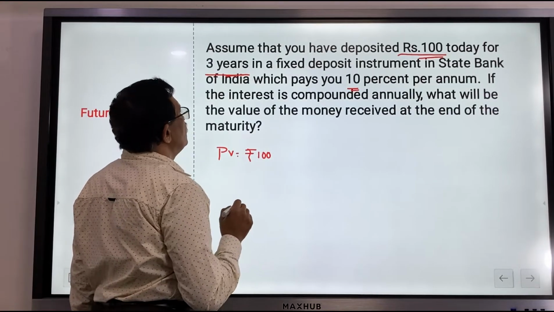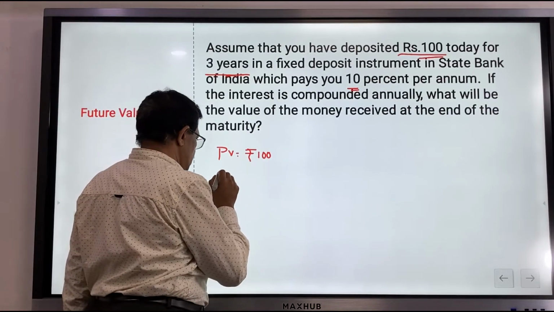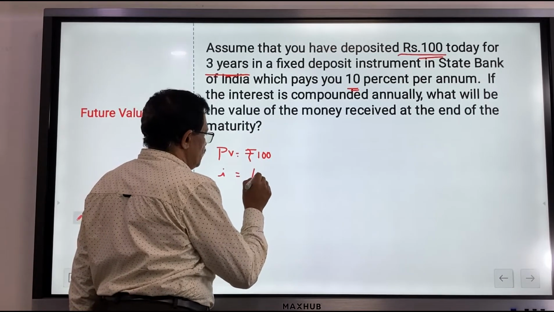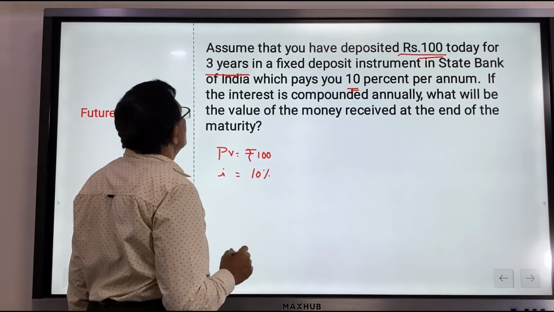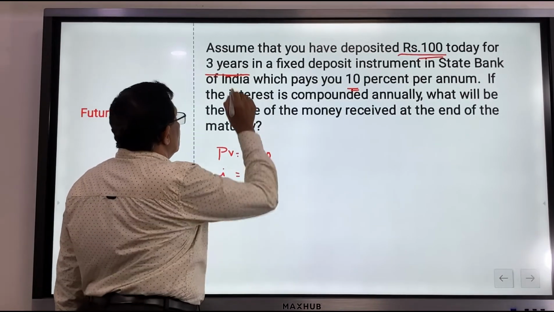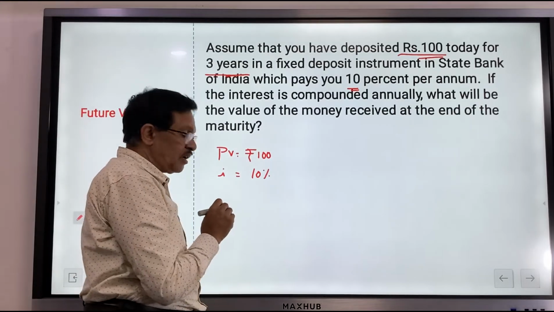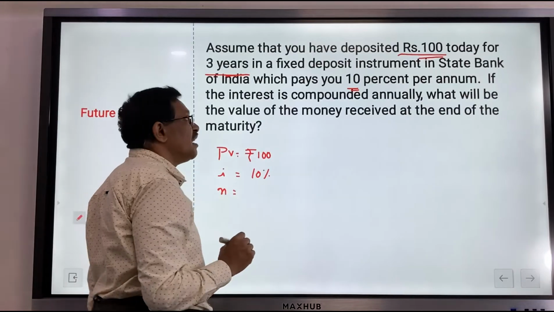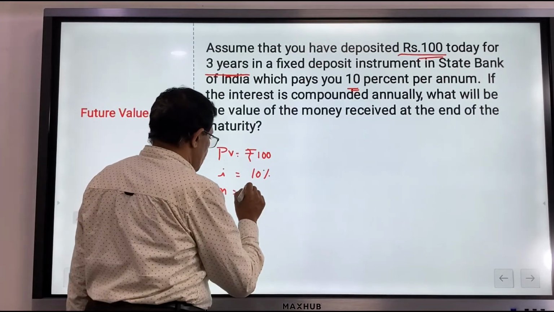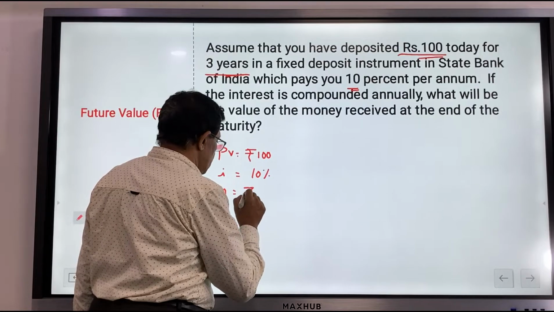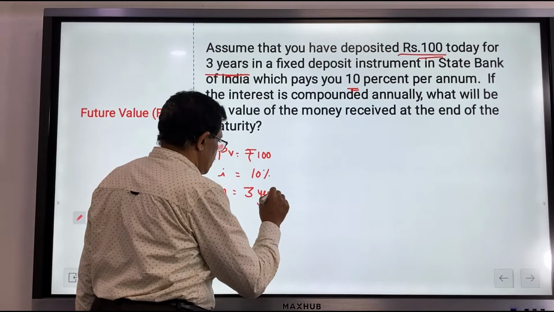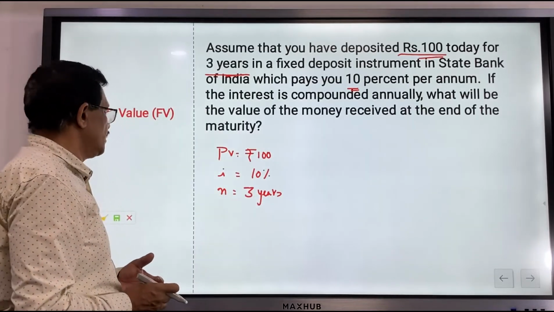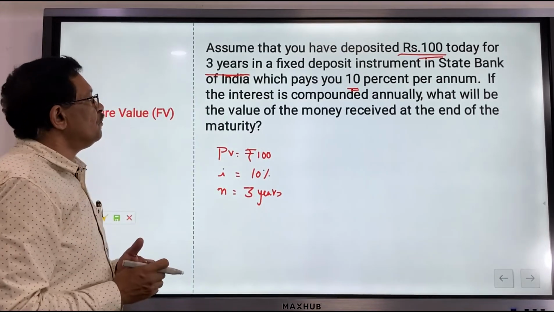He has given information with regard to the interest, which we call I, as 10%, and he has invested the money for 3 long years. So the period is represented as N. N is here 3 years. So this is the information he has given with regard to the problem.